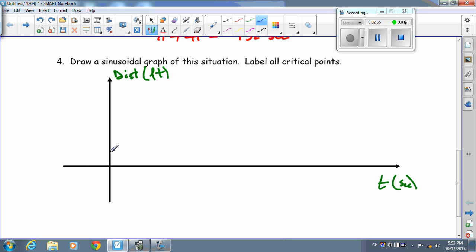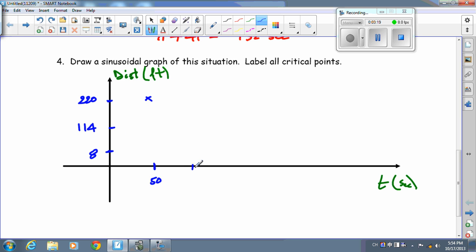Well, one thing I know is it loads 8 feet above the ground. The highest point, according to our first question that we solved, is 220 feet. Halfway in between is at 114. Another thing that we know is that 50 seconds after we started, we were at the highest point.